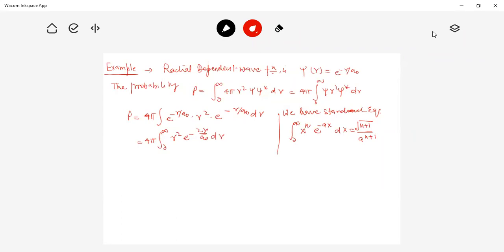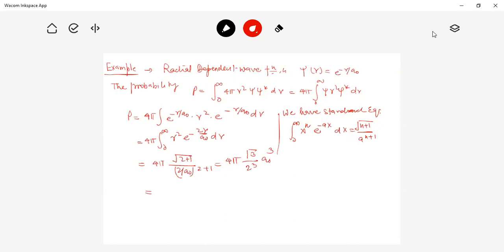Using this, we have 4 pi, gamma function 2 plus 1, upon (2 by a0) to the power 2 plus 1. So this is 4 pi 3 upon 2 raised to the power 3 a0 to the power 3.